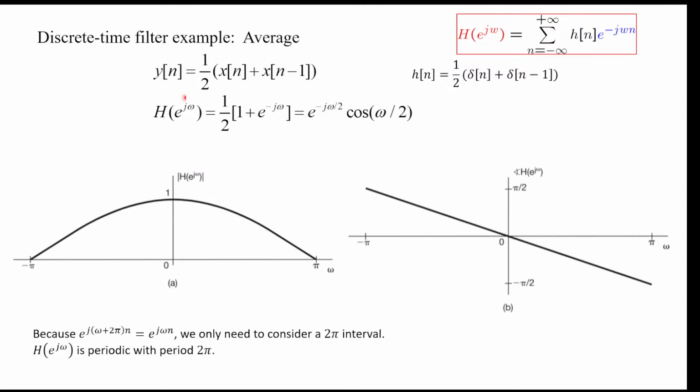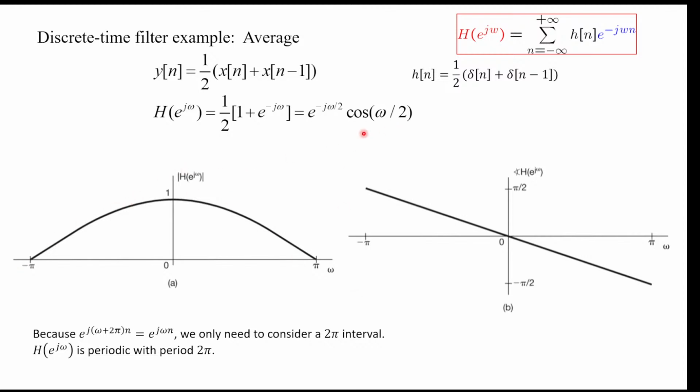You have this expression, and you can make it a bit nicer. You can take out the e^(-jω/2) factor and get a cosine of ω/2. This is a complex value once again, and you can plot it as a function of ω.